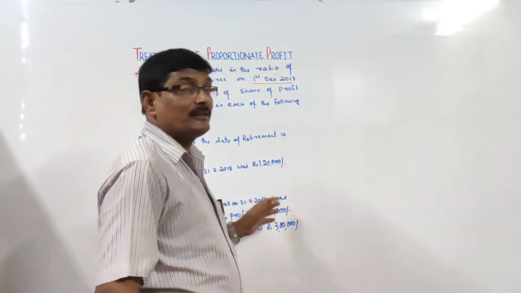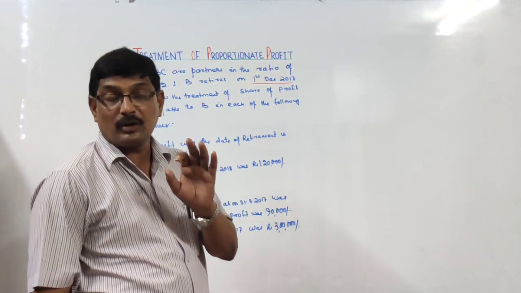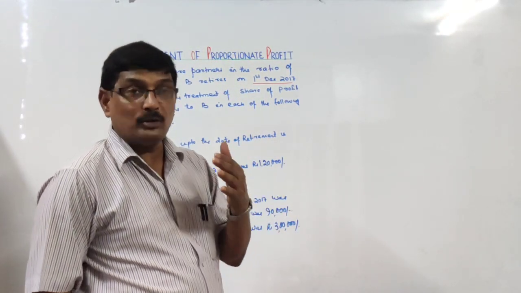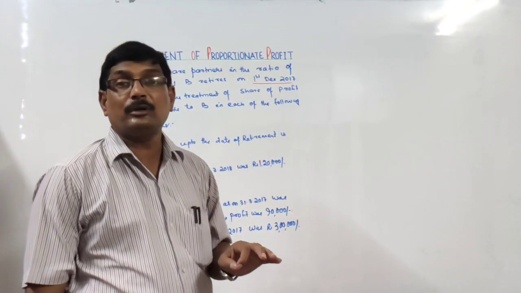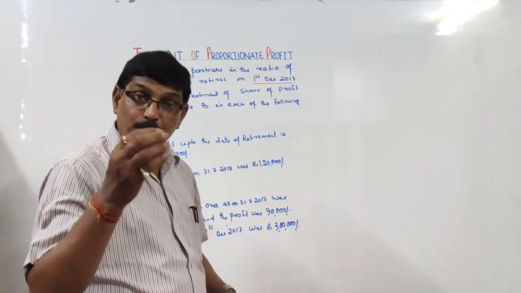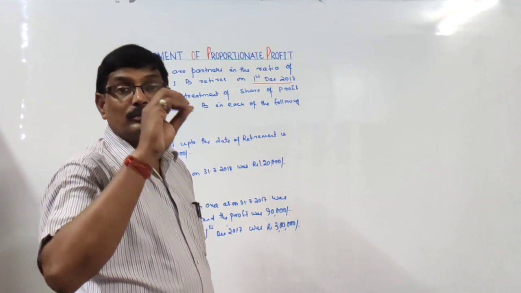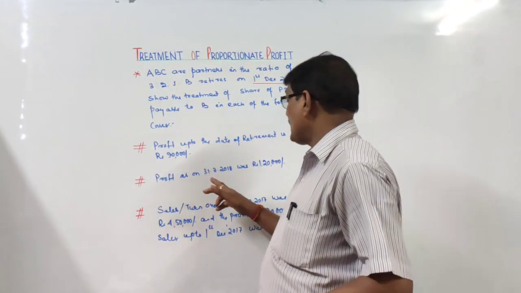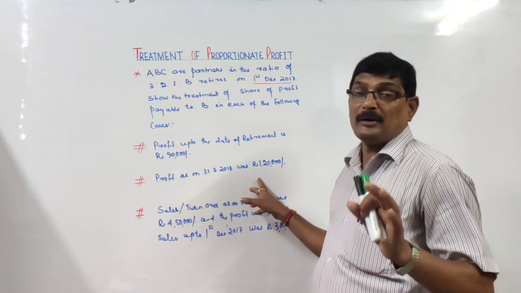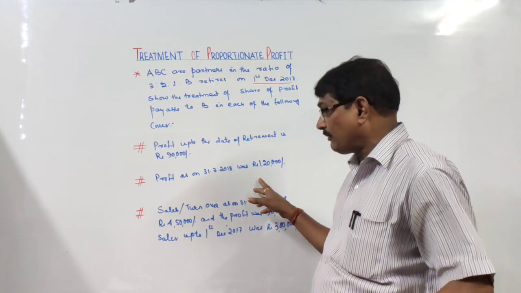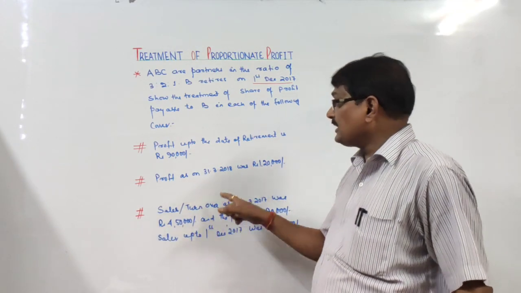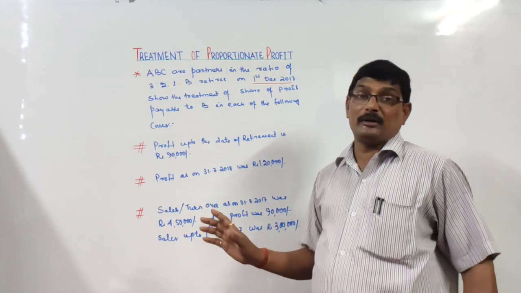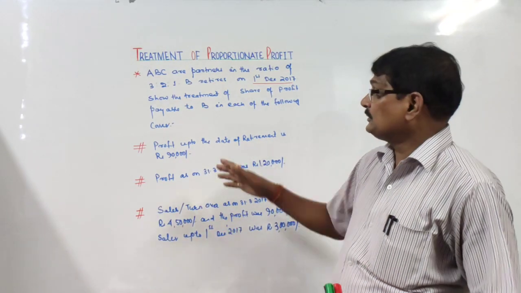Since it is clearly not given what the profit is up to 1st December 2017, we have to presume that the profit throughout the year is evenly spread. That is, every month the total profit comes to 10,000. Accordingly, we will calculate. And the third one is based on the turnover. Turnover means sales. Now let us see.